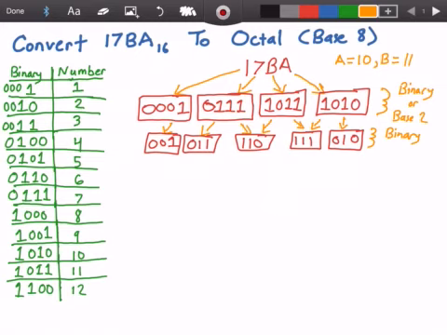So let's take a look at 010. And we go over here to our chart to the left. We're going to look for 010. Let's see where you're at. 010 is the number 2 there.